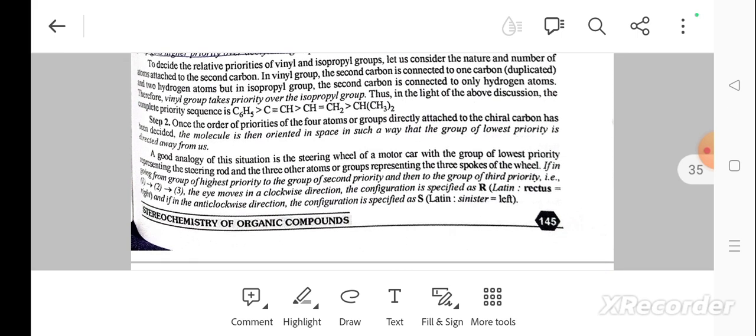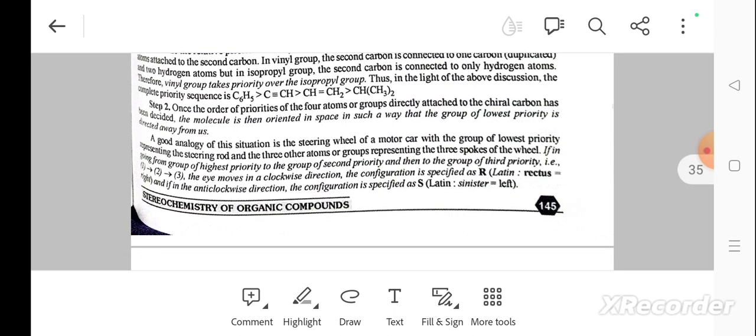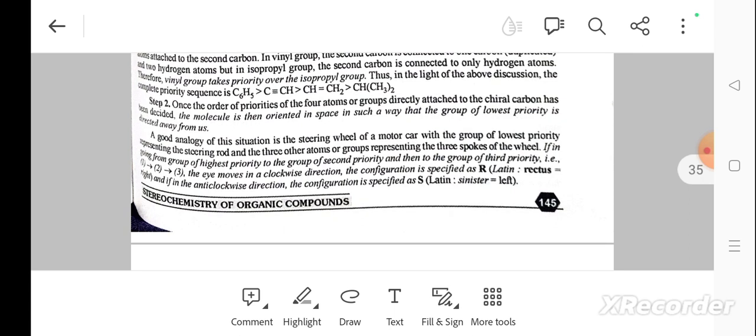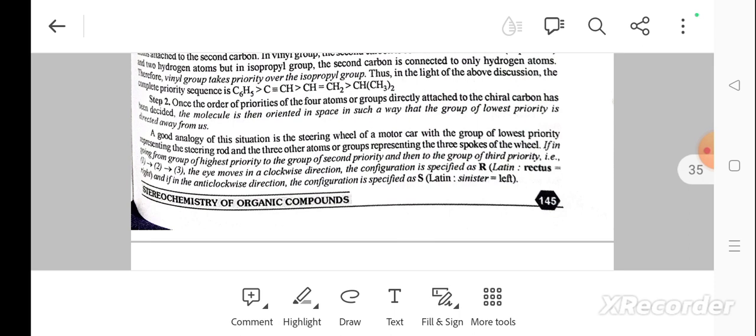Therefore, the vinyl group takes priority over the isopropyl group. Thus, in the light of the above discussion, the complete priority sequence is C6H5 greater than C triple bond CH, greater than CH double bond CH2, greater than isopropyl.